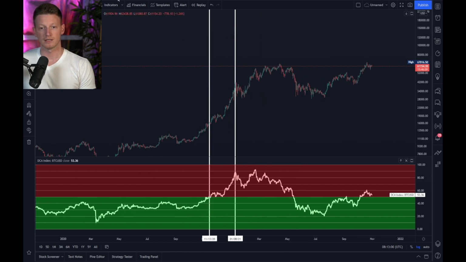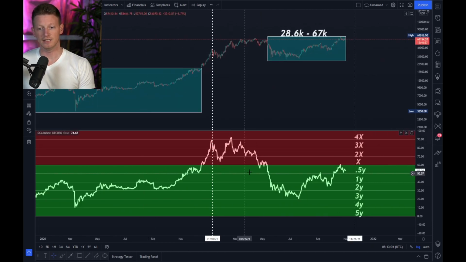I'm DCAing into the market at approximately these ratios during the bear market. Even right now, I'm DCAing in, but a smaller amount, right?